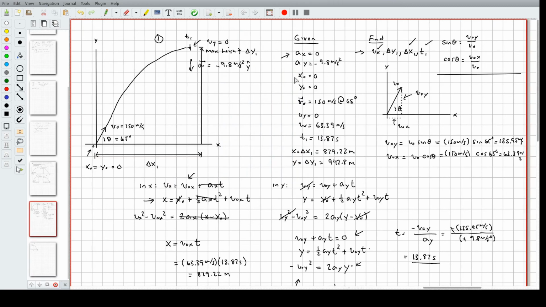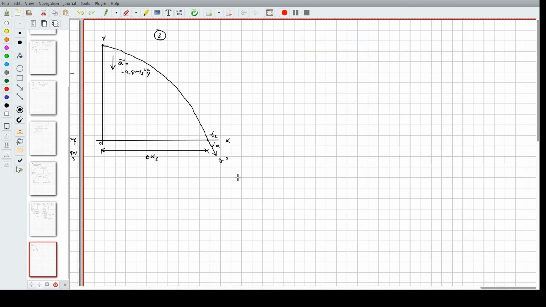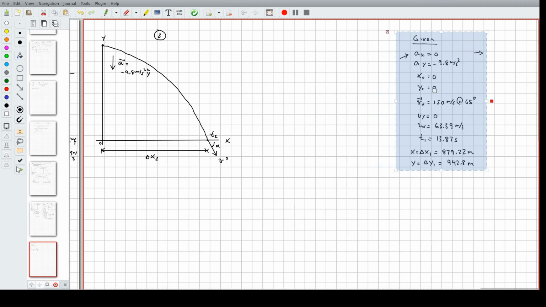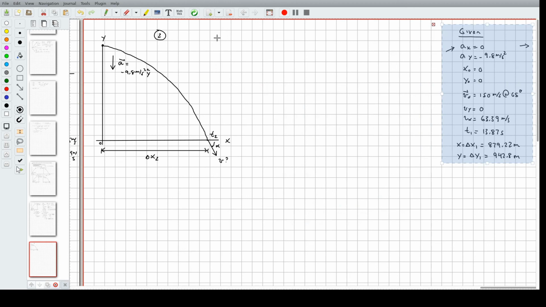Now I am also going to snag this right here because I'd like to use the information from it to fill in stuff. So let me copy that. I'm going to put it over here and just put it off to the side, maybe off here like that, just a reminder. So this is from part 1.